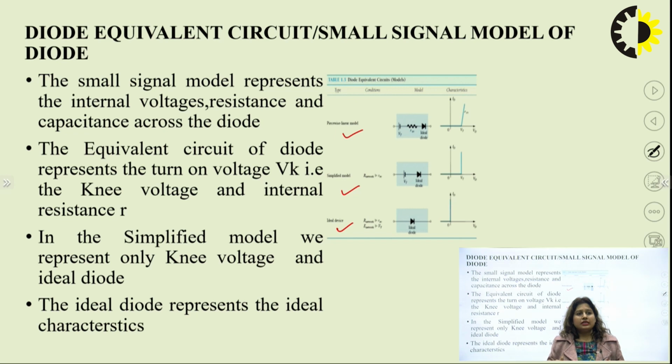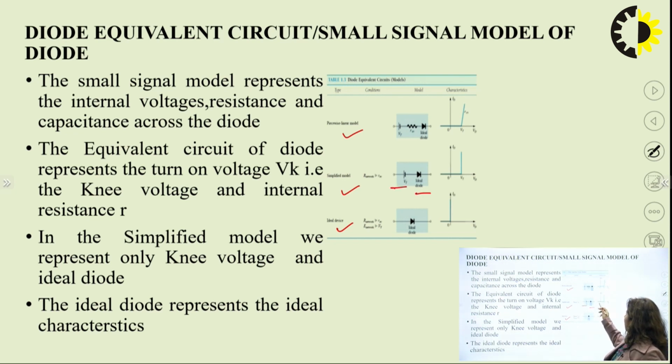The equivalent circuit of the diode includes the turn-on voltage, which is basically the knee voltage or built-in voltage, and internal resistance R. In the simplified model, we have the knee voltage and the ideal diode, and we represent only the knee voltage.